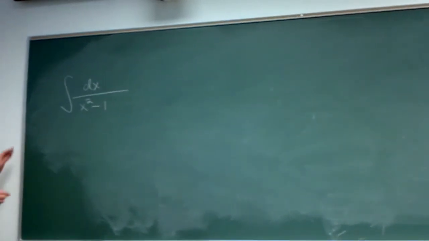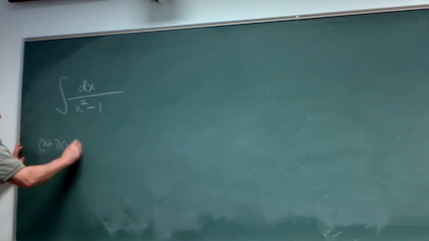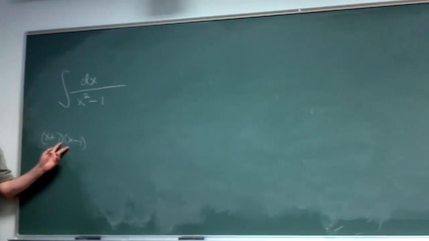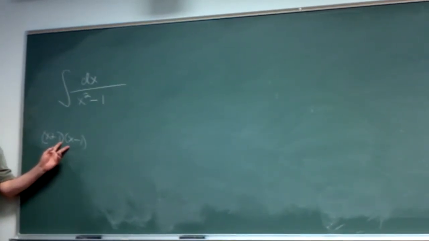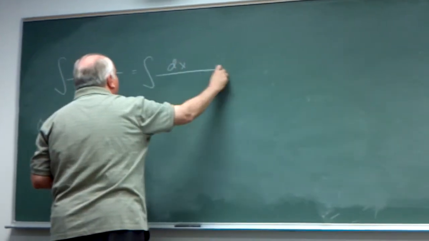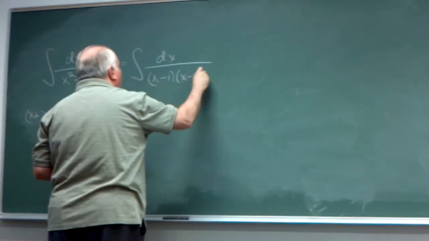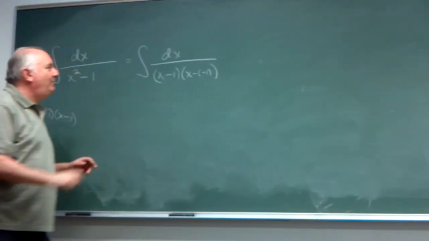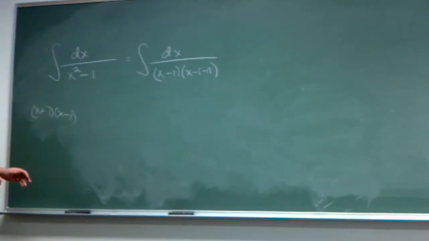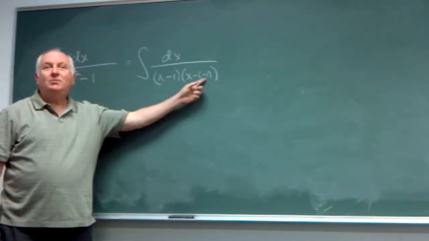But if x plus 1 and x minus 1 are the factors in the bottom, I've got 2 choices in how to do this without using trig substitution. One is, you have a formula that comes from partial fraction decomposition that tells you how to integrate 1 over x minus a times x minus b. So you could use the formula for integrating 1 over x minus a times x minus b, where a is 1 and b is negative 1.